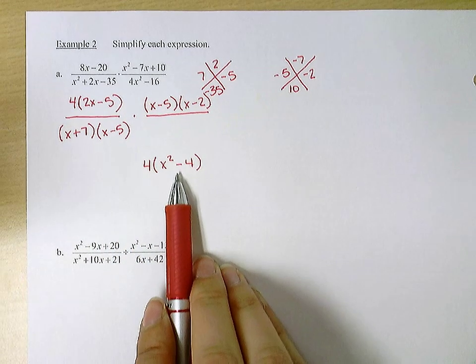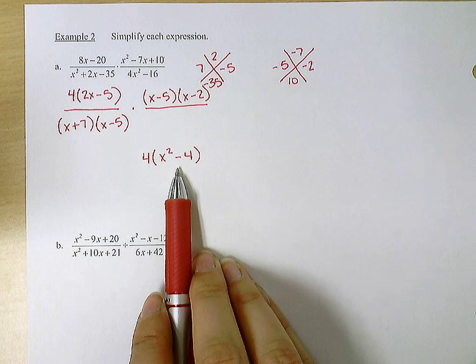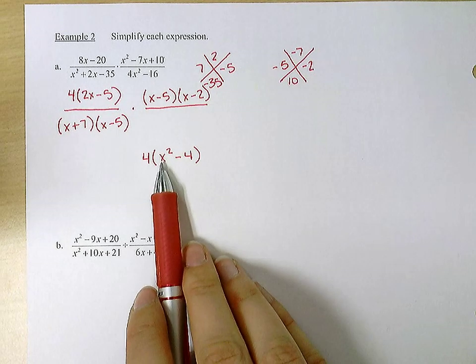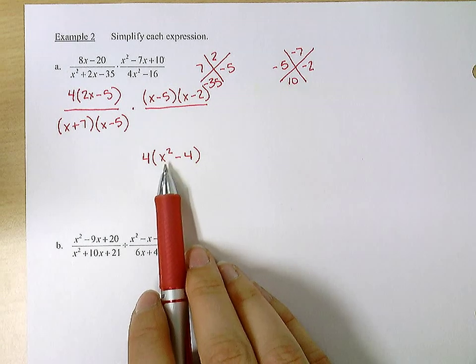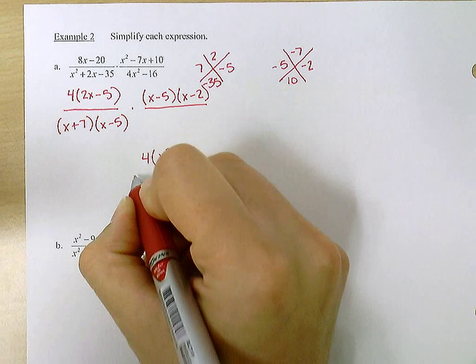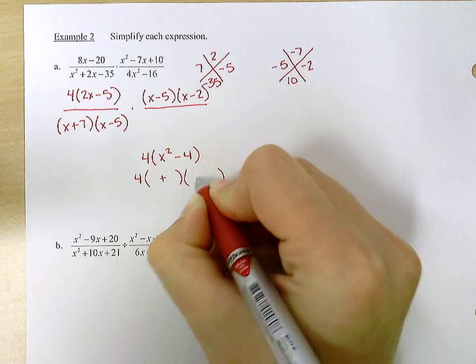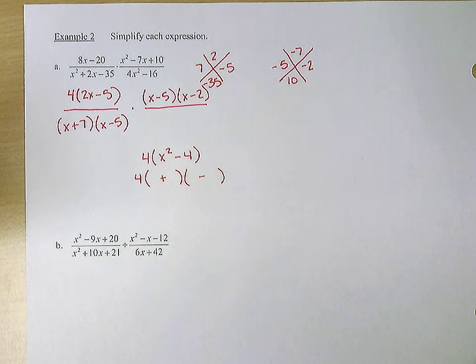I can still factor this. Do you remember how I factored that yesterday? If I have perfect squares for the first term and the last term, and there's subtraction between, we factor that into the plus and minus quantities.